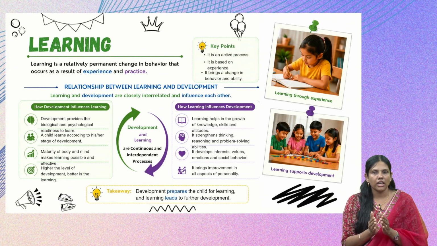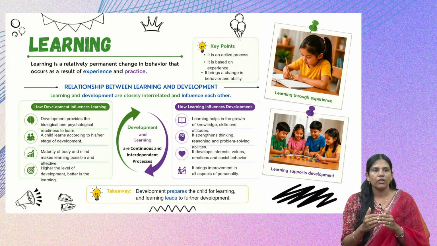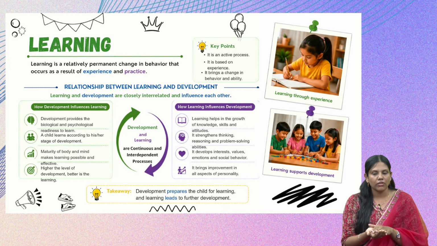It brings a change in behavior and abilities of the child. By now we have understood the concept of development, the types of development, the stages of development, the principles of development, what learning means and the relationship between learning and development. Now we will go ahead and solve some questions.